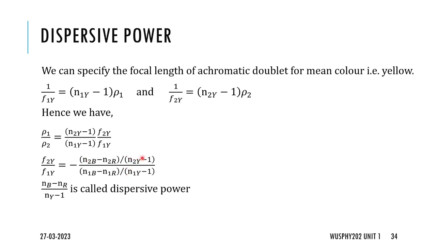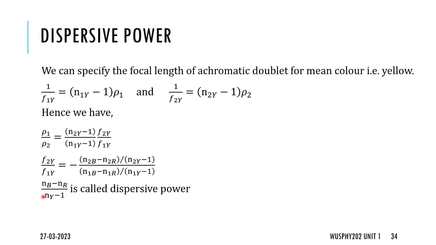This number is called dispersive power. There is a negative sign over here, and what does this negative sign imply? It implies that one of the lenses has to be a concave lens, because a concave lens has negative focal length. The number itself is not going to be negative.